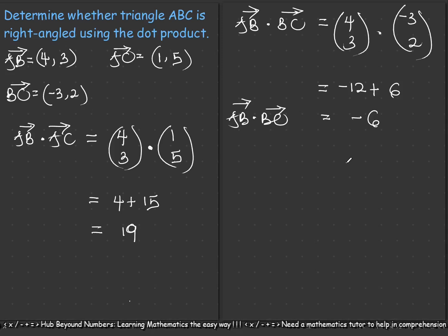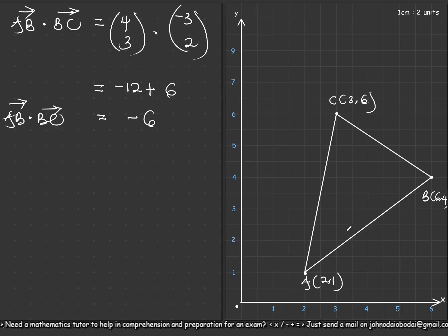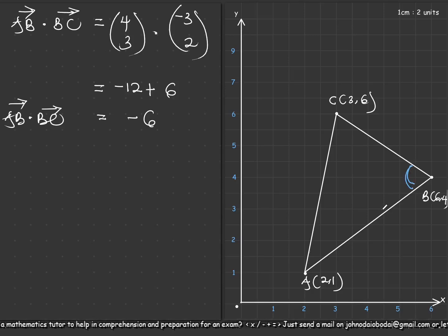Now, you remember we said for vectors whose dot products are negative, it means the angle between them is what? An obtuse angle. It is an obtuse angle. Now, if you look at this AB and then BC over here, we have two angles that we can identify. This angle here, which is the interior angle, and then this one over here, which is the exterior.